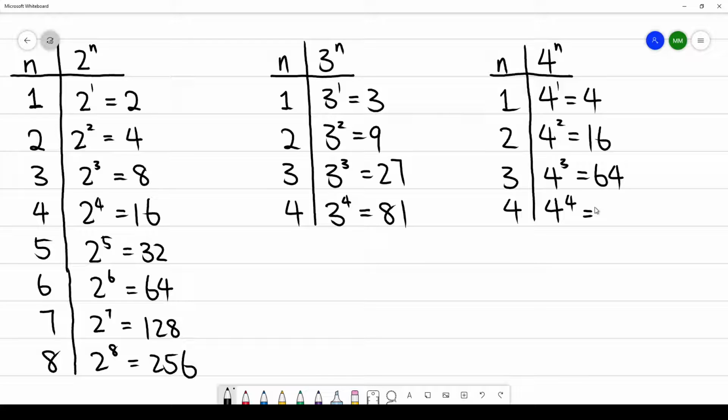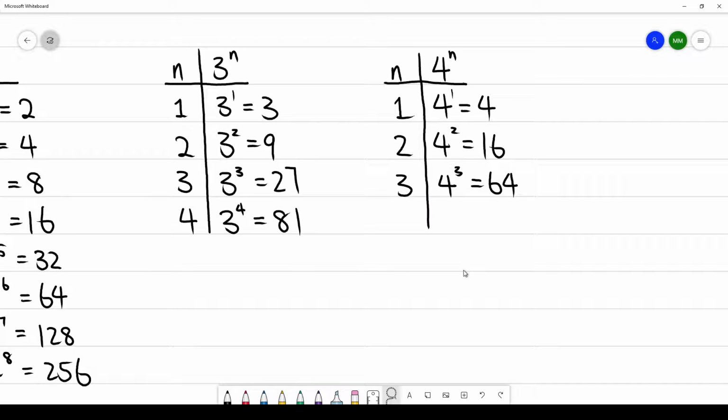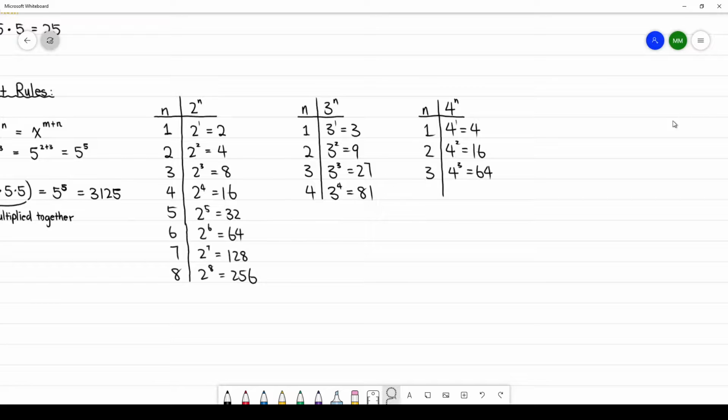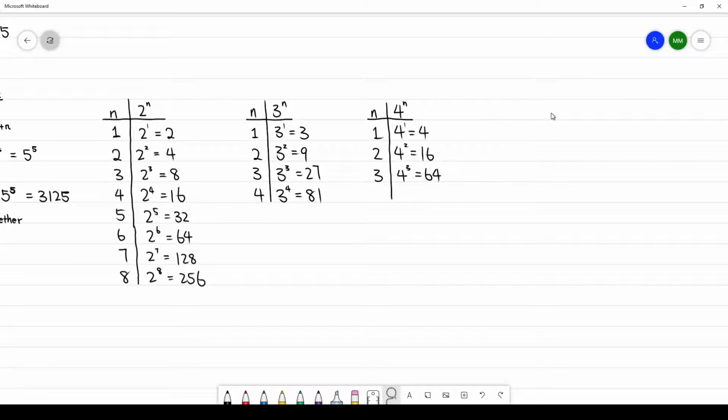Oh, it's 256, yeah. Usually we don't need this. Nobody really cares. And then you can just keep going to do 5 to the n and 6 to the n. I can actually leave this as homework for you.